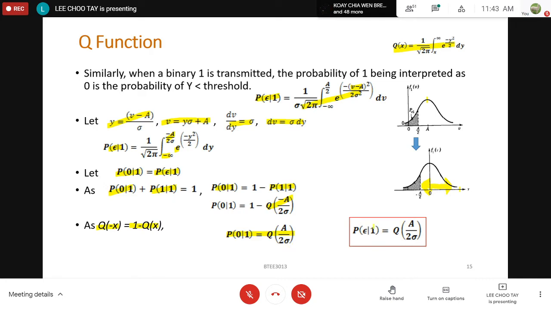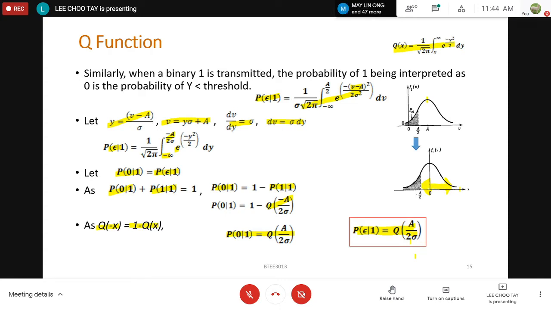All right, so you can see they are the same. The probability of error with the 0 being sent is also Q of A over 2 sigma, same as the 1 over here. Both errors can be calculated using the Q function of A over 2 sigma.